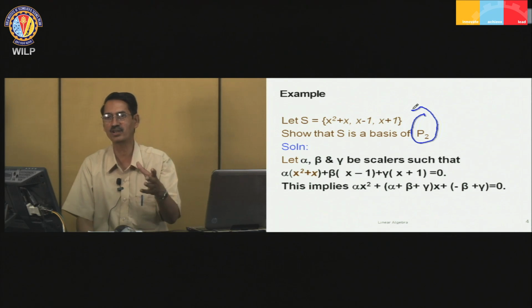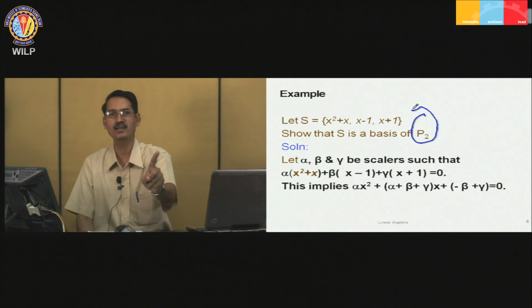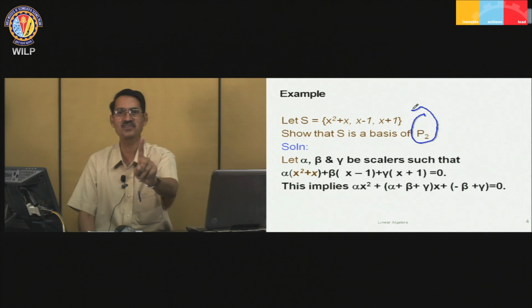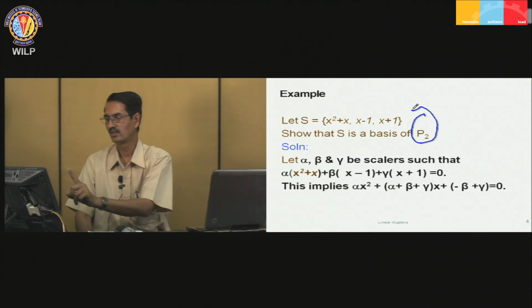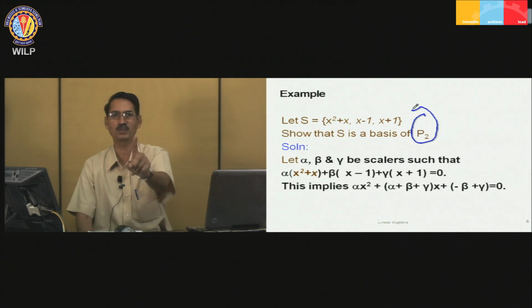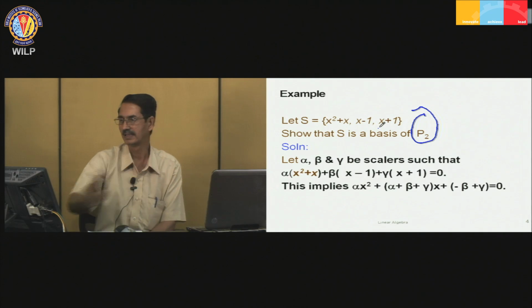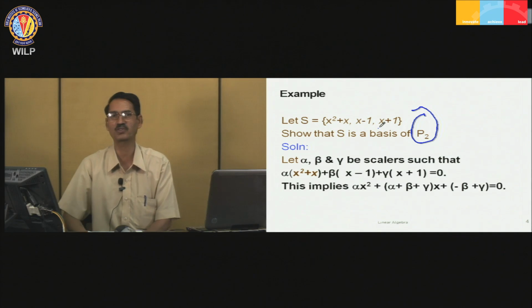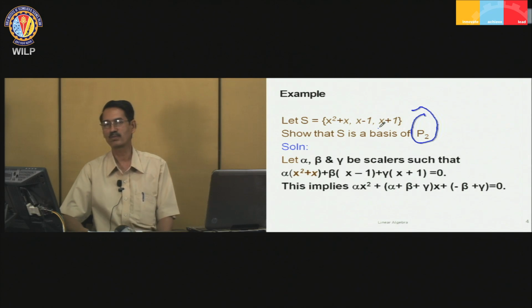The dimension of Rn over R is n, but the dimension of Pn over the field of real numbers is n plus 1. And therefore, the dimension of P2 is 2 plus 1, that is 3. And here the set S consists of 3 vectors x square plus x, x minus 1 and x plus 1. So therefore, how to decide that S is a basis for P2 or not?